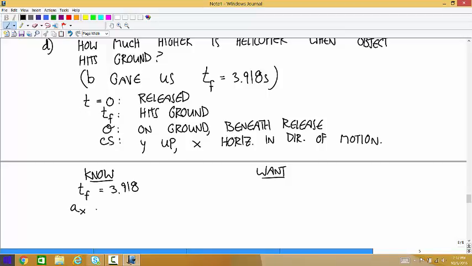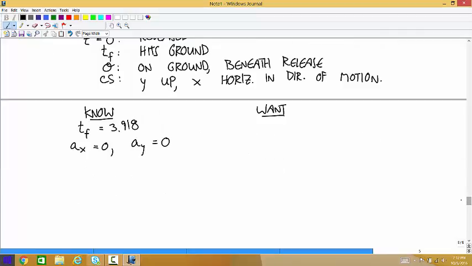So AX is 0, AY is 0. And then the initial position, PIX is 0. PIY, I think it was 55 meters, it says, above the ground. The initial velocity of the helicopter is 20 meters per second at 15 degrees. Does anyone have what those components are?